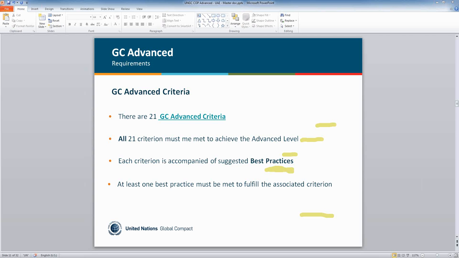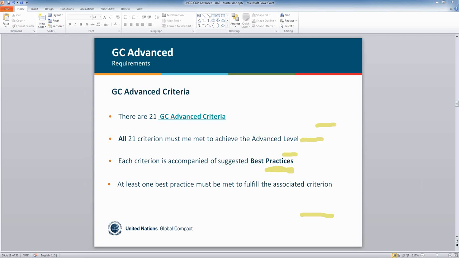The advanced criteria came out of a very extensive consultation process. This is done with experts, with other agencies, with our companies, etc. And after this whole process, which by the way takes years to complete, we came up with 21 advanced criteria. The criteria are revised every couple of years, but for the most part they remain the same.